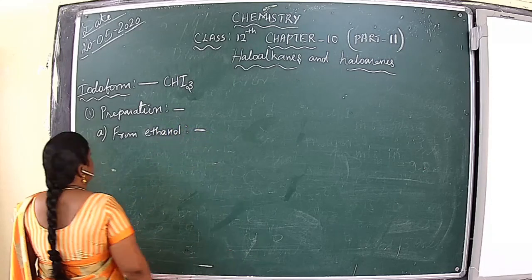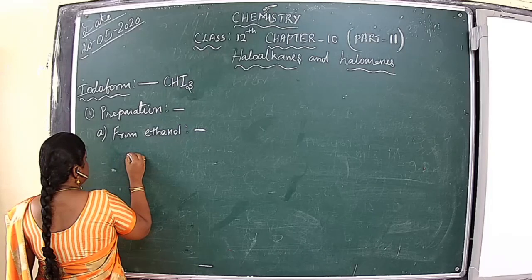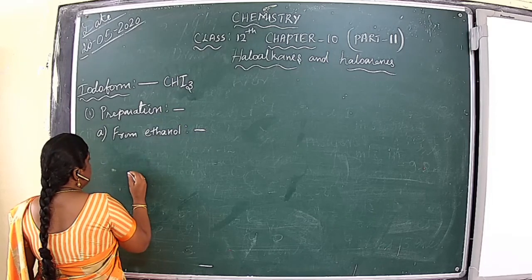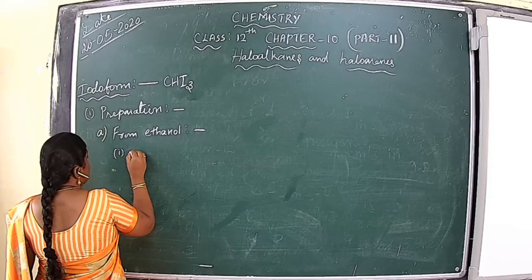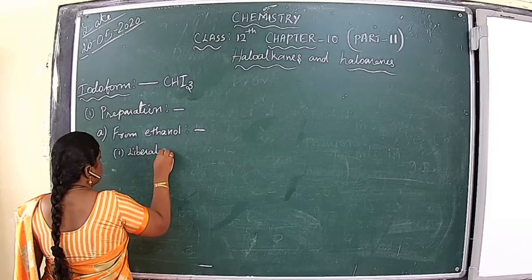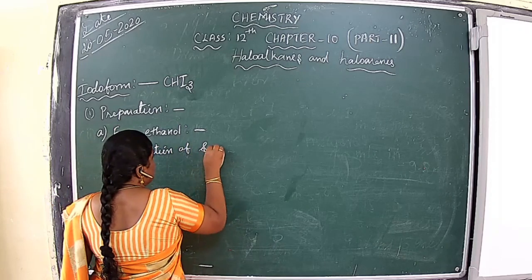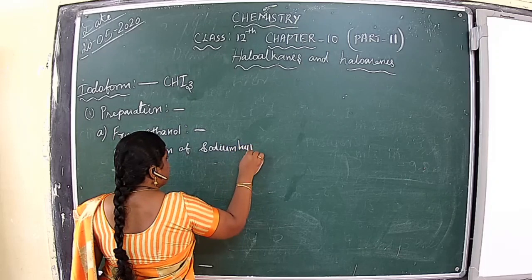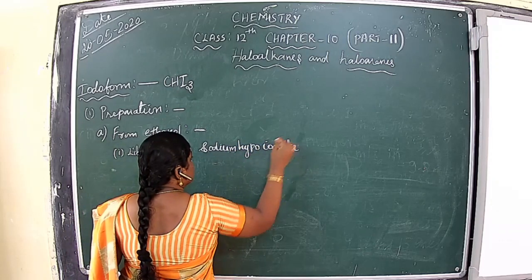From ethanol. Okay. So first step, preparation of sodium hypoiodide.